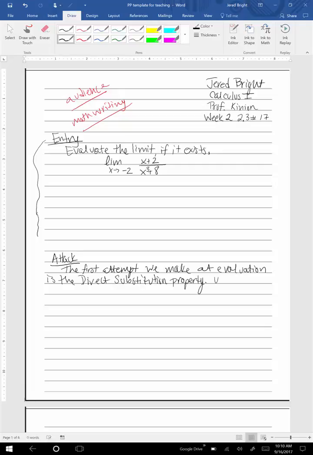When this is done, we obtain, and now I'm going to do some of that math writing that we were talking about. So I would say limit as x approaches -2 of x plus 2 over x cubed plus 8.